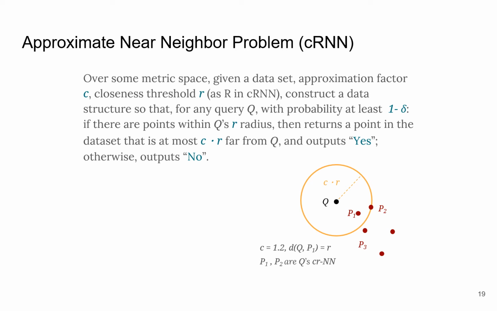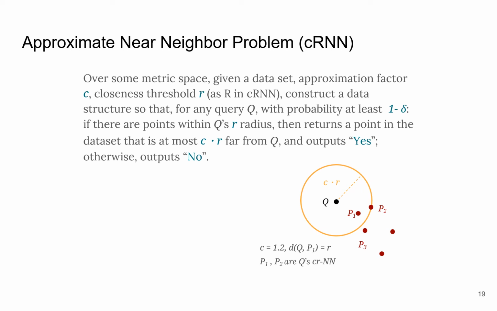Given a closeness threshold R and approximation factor C, can we construct a data structure so that for any query Q, with probability at least 1 minus delta, if there are points within Q's R radius, it returns a point in the dataset that is at most C times R far away from Q, and outputs yes? Otherwise, it outputs no.